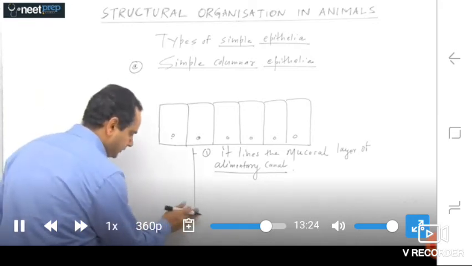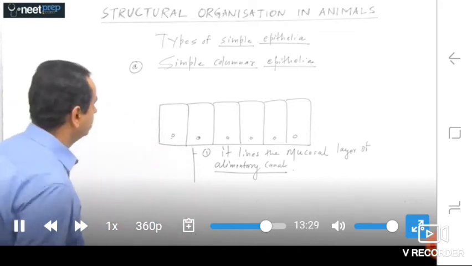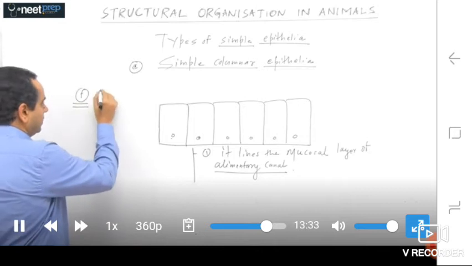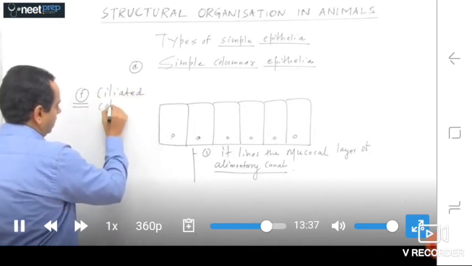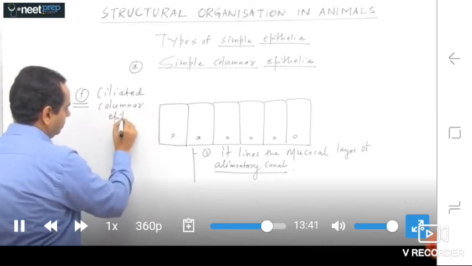And if we talk about their modifications, like F is ciliated columnar epithelia.